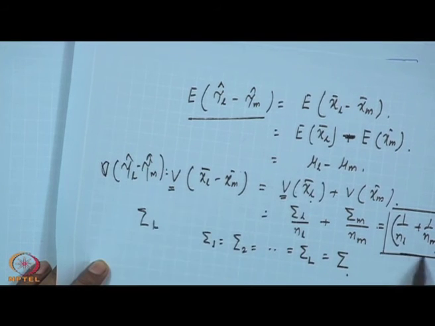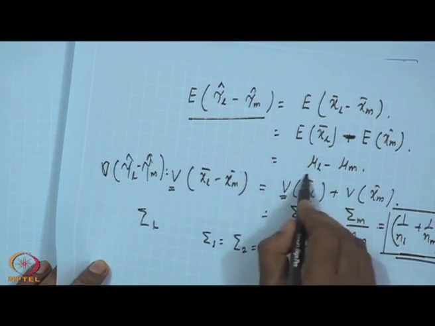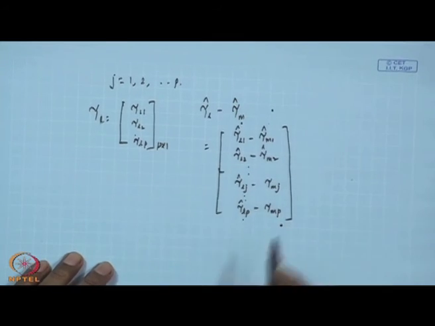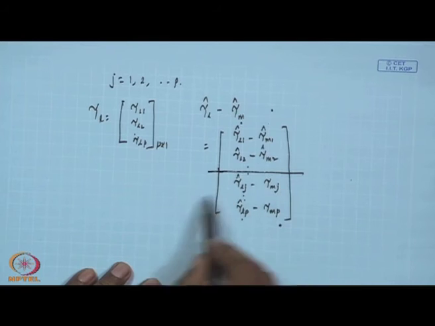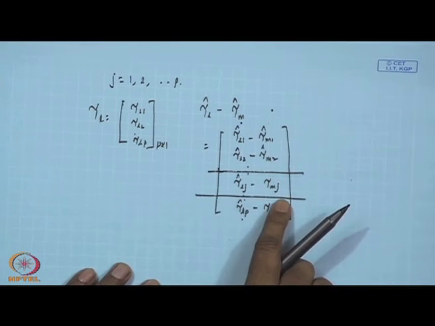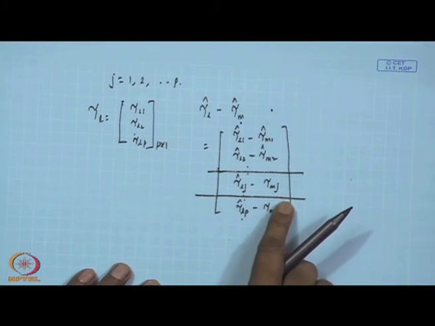I also want to know, for a particular variable tau Lj minus tau Mj, what the variability and mean value will be.